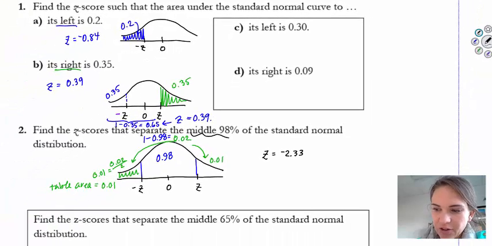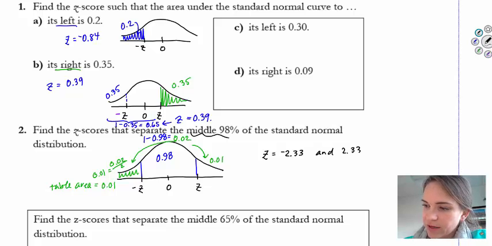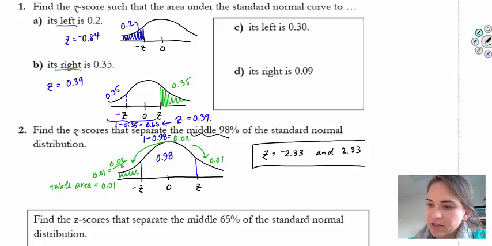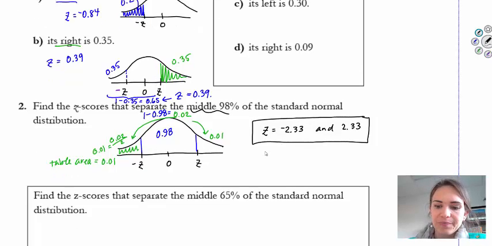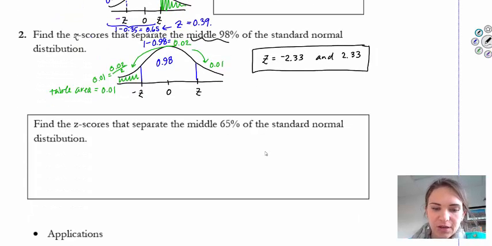By symmetry, the other cutoff would be positive 2.33. So I know that these z-scores, plus or minus 2.33, cut off the middle 98% of the standard normal distribution. The next one you can compare, try it yourself, and you can see what the answer in the lecture notes says.